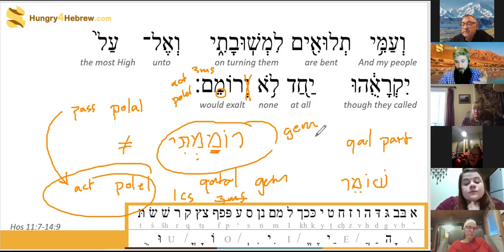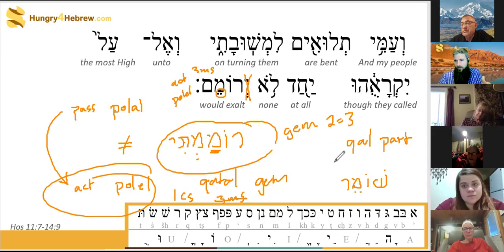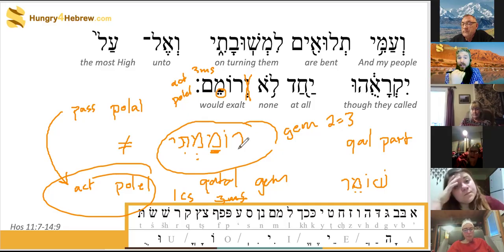And geminates, by definition, have a repeated second and third root letter, right? Second and third root letter are the same, like shomam, sovev, halal, all of those have the second and third root letters the same. So then the question becomes, how did we go from a polel polal with geminates now including the hollow roots too? I don't know. I have no idea.